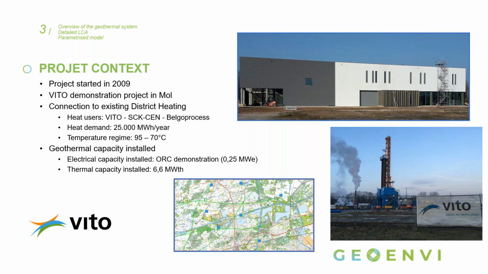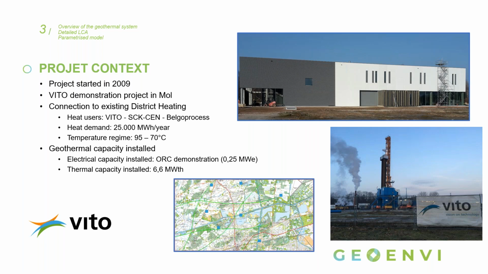It is important to say that in addition to the heat delivery, the unused heat from the wells, mainly in summer when the heat demand is low, can be used to produce electricity by means of an ORC installation. Also interesting to say, the district heating network is currently operating at high return temperatures of about 75 degrees in winter conditions and 65 degrees in summer conditions, resulting in quite high reinjection temperatures of about 80 to 70 degrees Celsius.